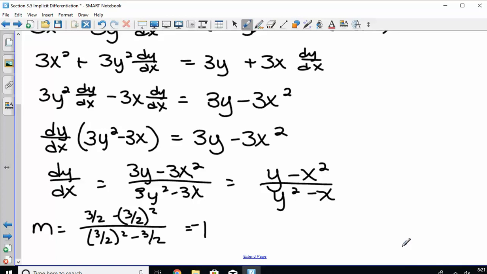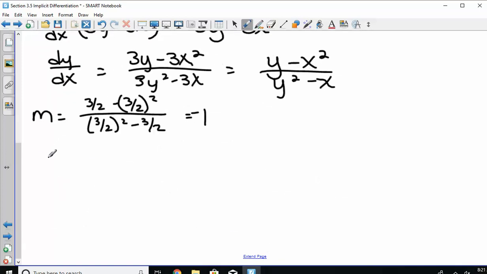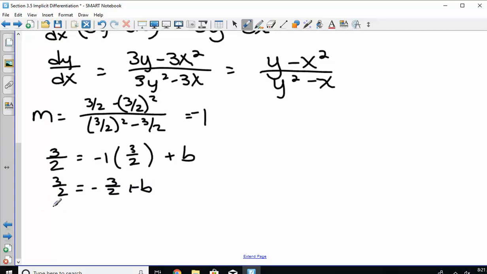So there's my slope. Equation y equals mx plus b, so my y is 3/2 equals m, -1, times x, 3/2. If you add that over, you get a y-intercept of 3. So our equation is y equals -x plus 3.